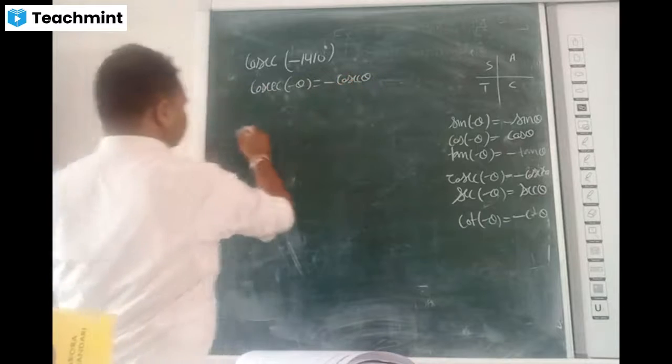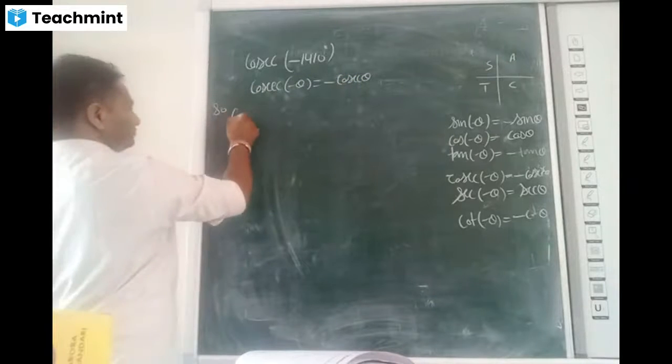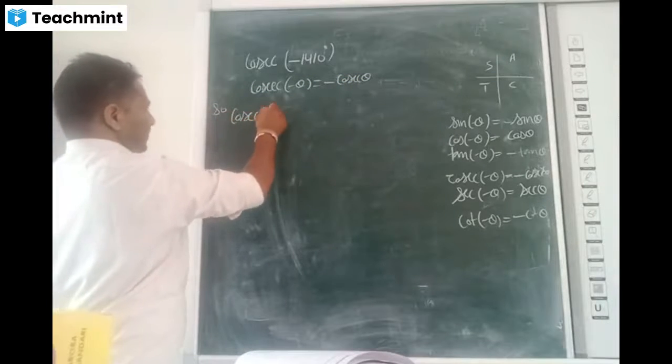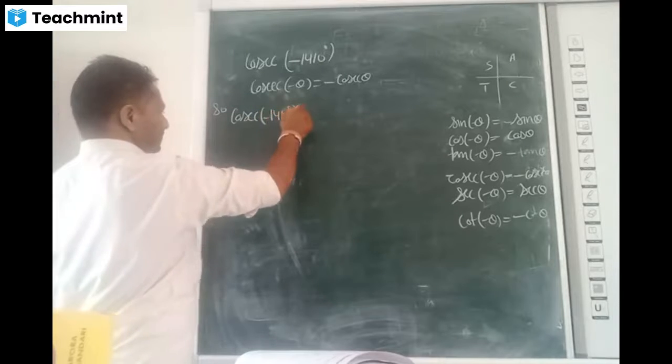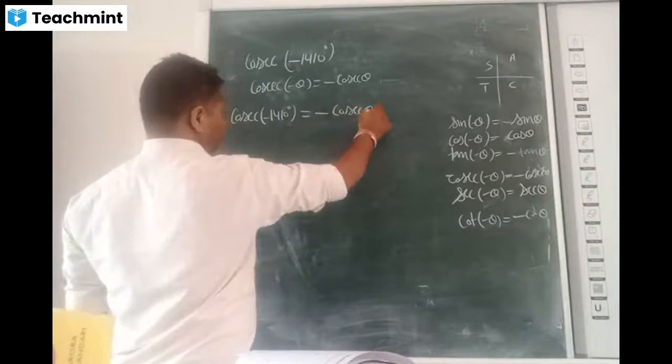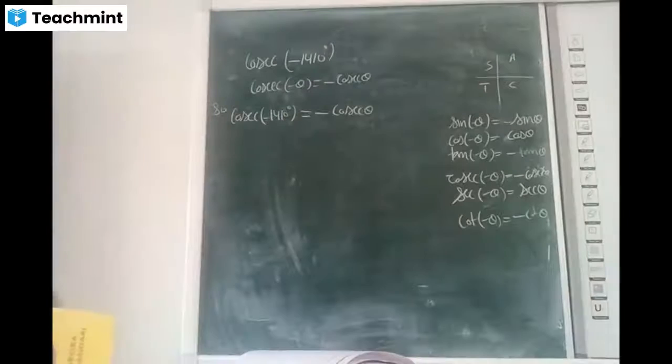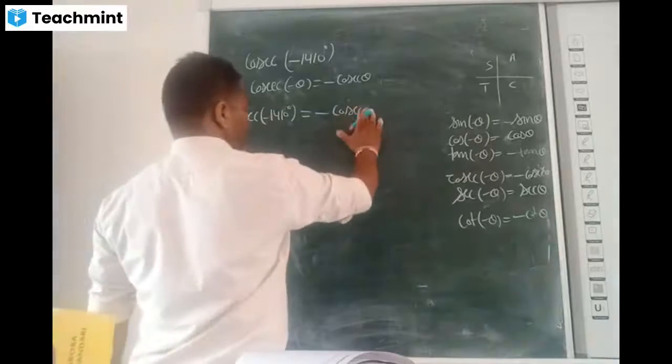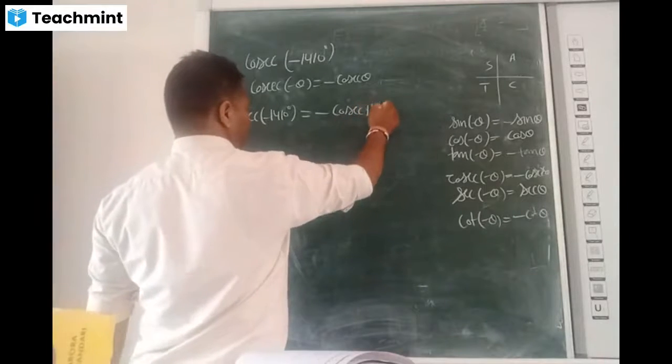So cosec of minus 1410 degree is equal to minus cosec of theta, and theta is 1410.